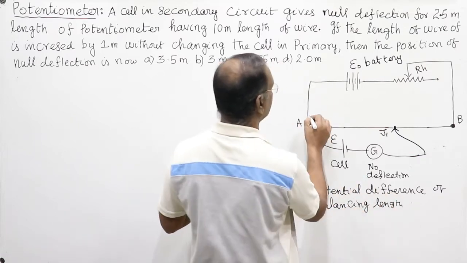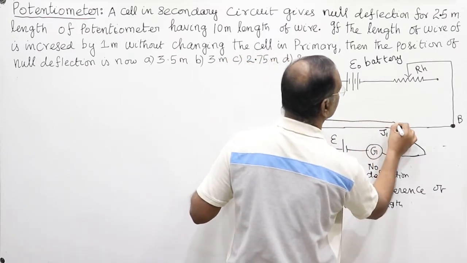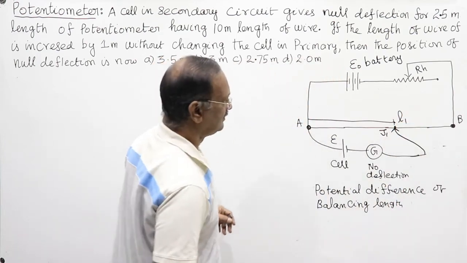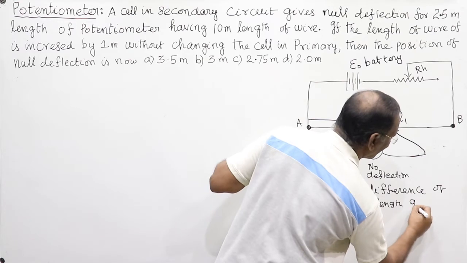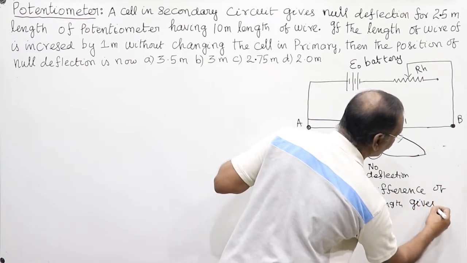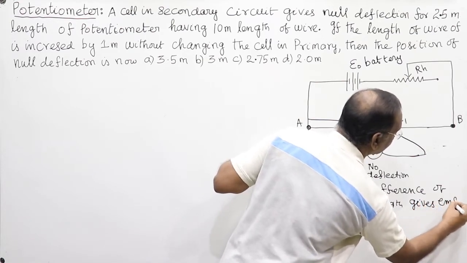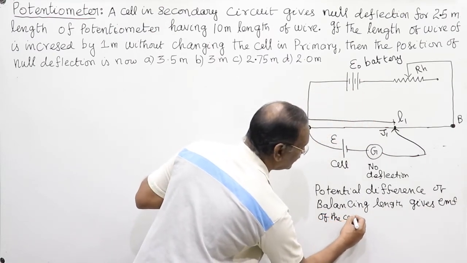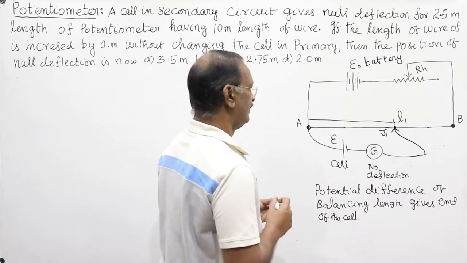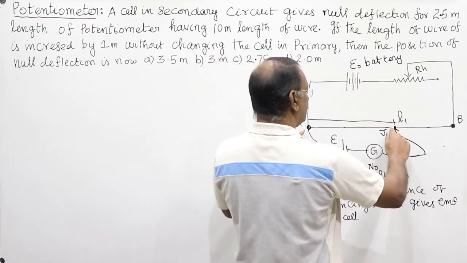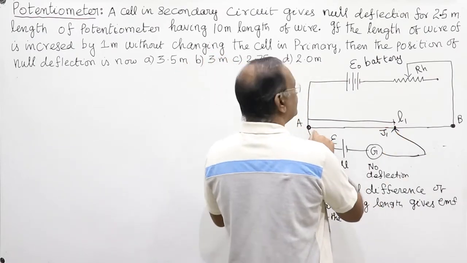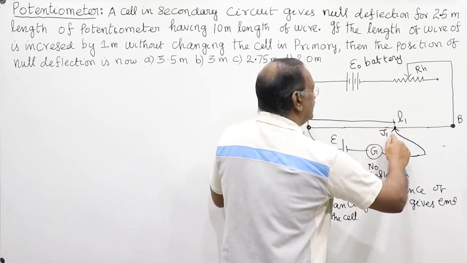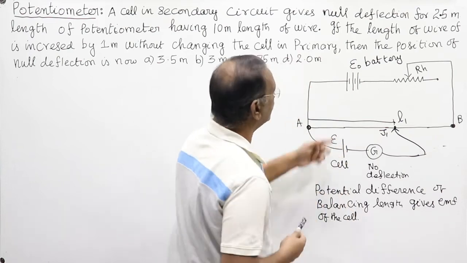Say this length is L1. Balancing gives the EMF of the cell. This is a very important point. When it is balanced, this length from A to J1 gives the potential, which gives the EMF of this cell, not this one.